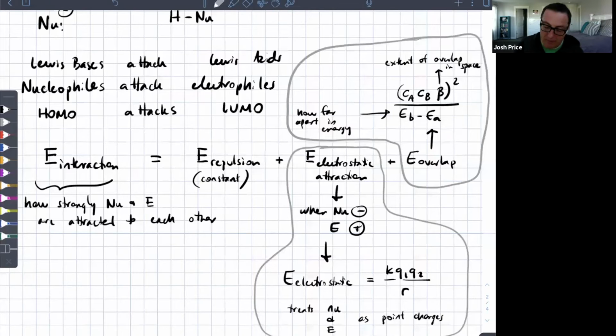And it just so happens that these terms are somewhat at odds with each other. For example, if you're a nucleophile that is small and holds the negative charge tightly, probably the assumption that the nucleophile is a point charge will be pretty good, and so probably you'll have a high electrostatic term.